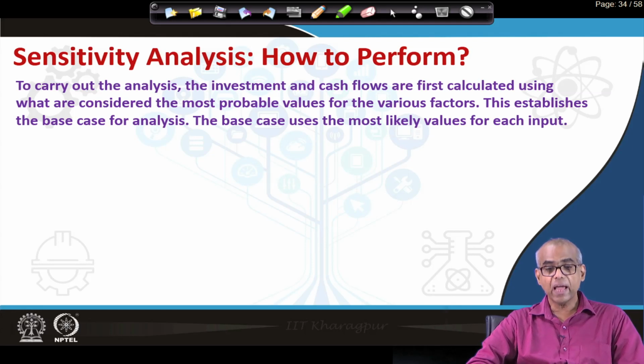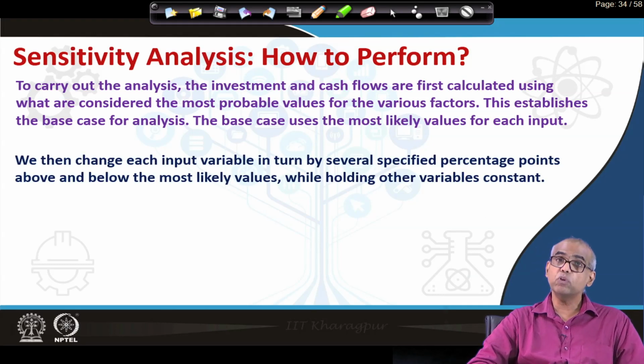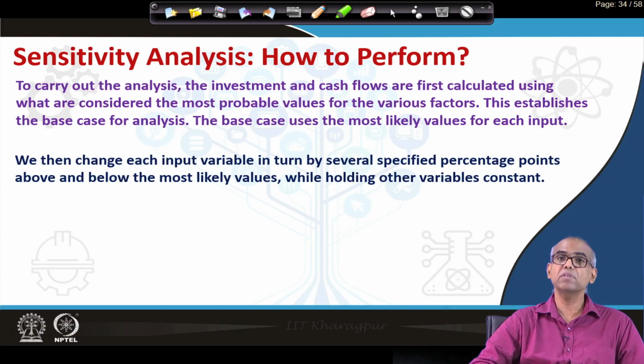So, investment and cash flows will first be computed using the most probable or most likely values of various inputs or factors. This will establish the base case for future analysis. We then change each input variable in turn by several specified percentage points above and below the most likely values, while holding other variables constant.